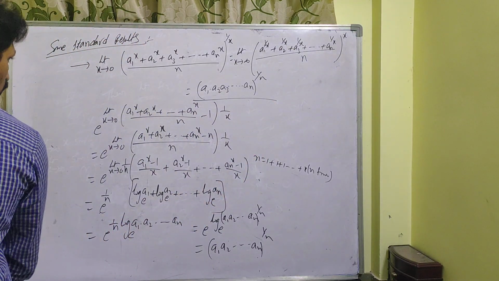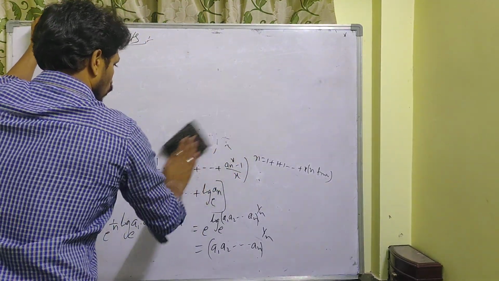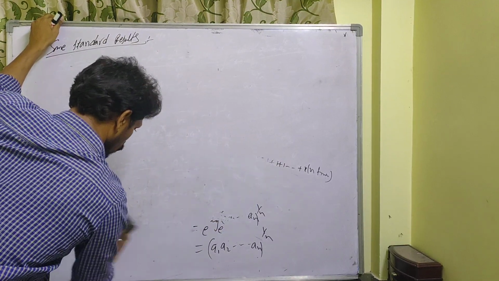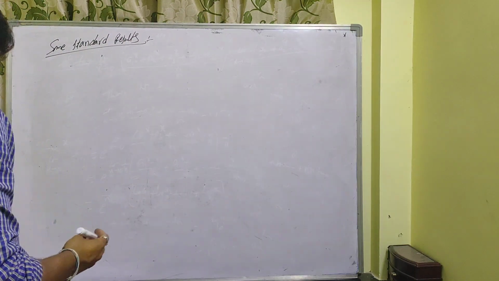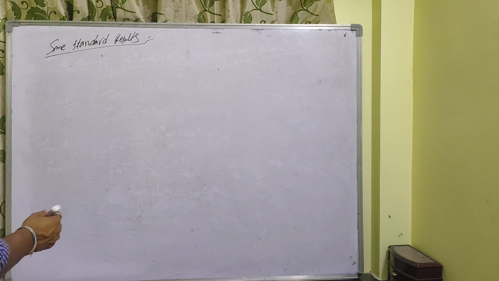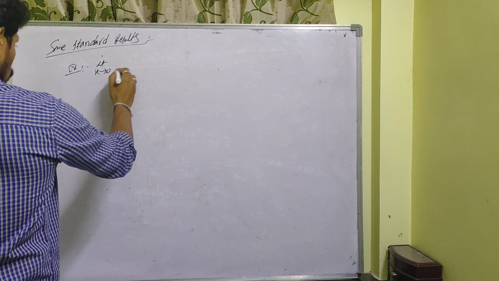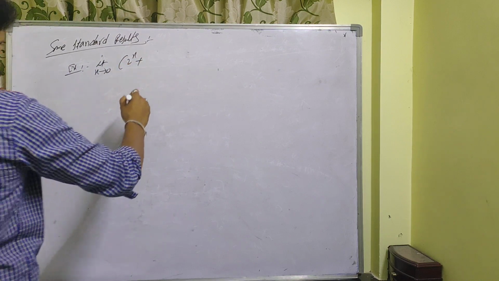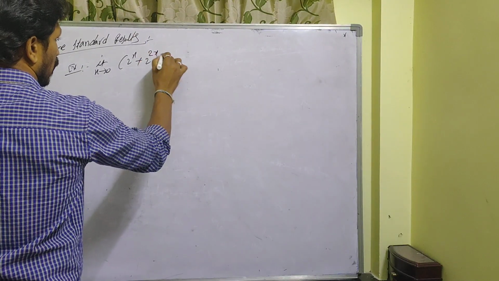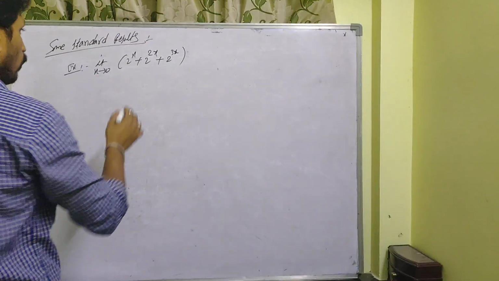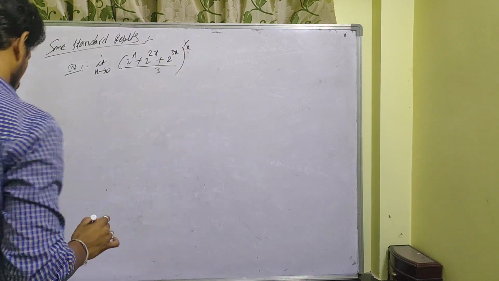So this is the proof of this one, but you just remember the formula. Okay. Based on this one, you take one example. See here, limit x tends to 0, 2 power x plus 2 power 2x plus 2 power 3x by 3 whole power 1 by x.